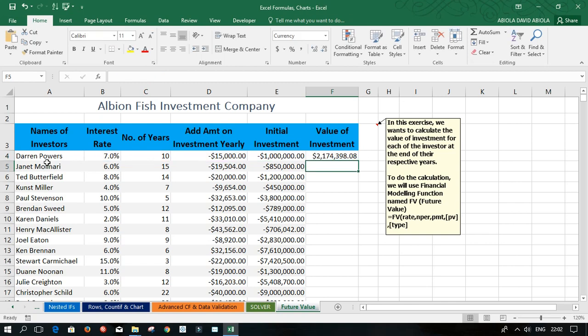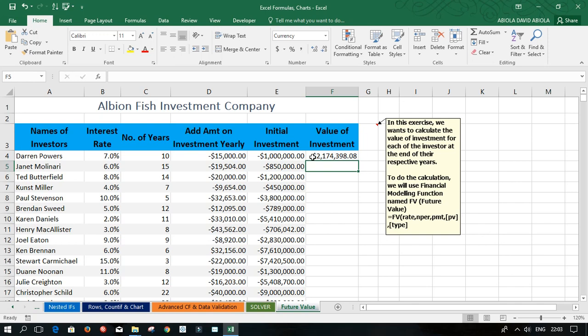Alright, so for my first investor, Darren Powers, the value of the investment in the next 10 years, going by this initial investment and the additional amounts on investment yearly, is going to be $2,174,398.08.